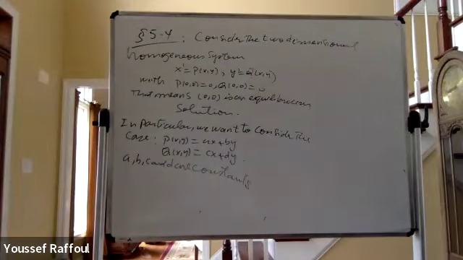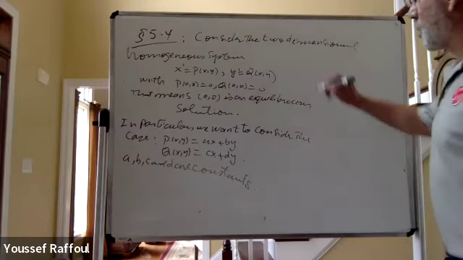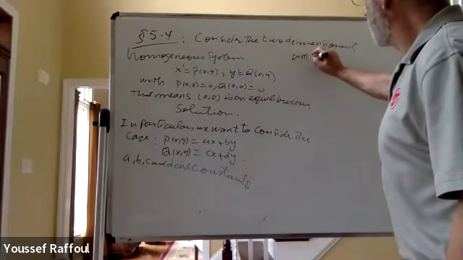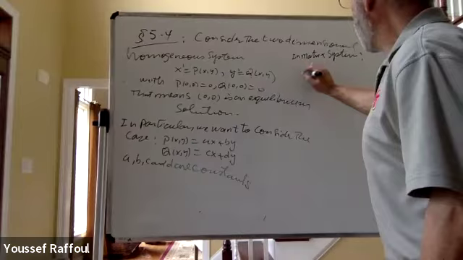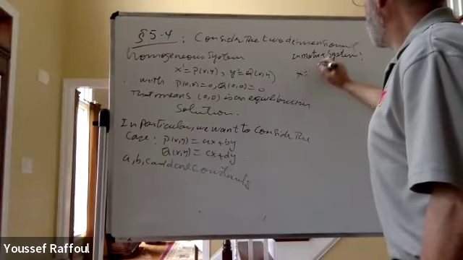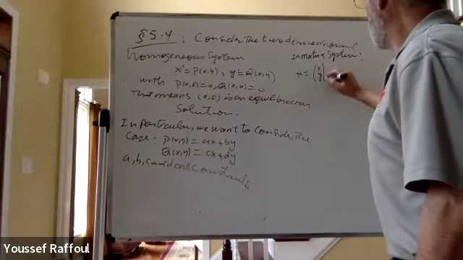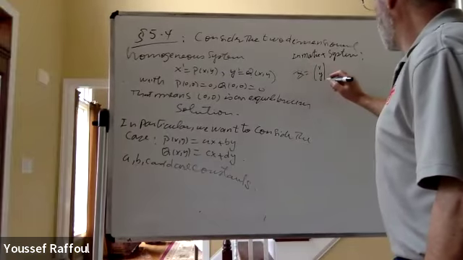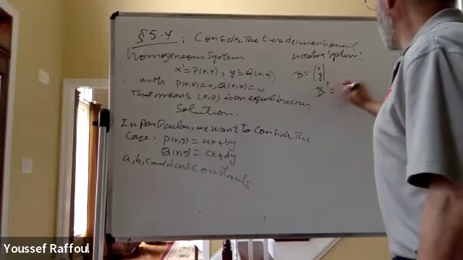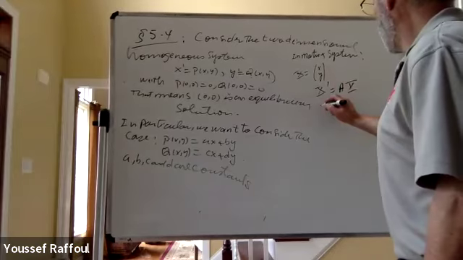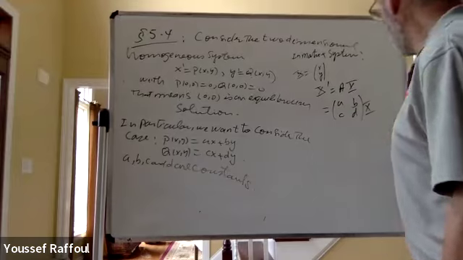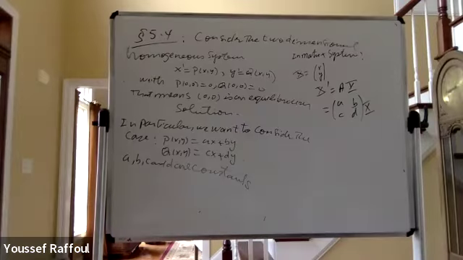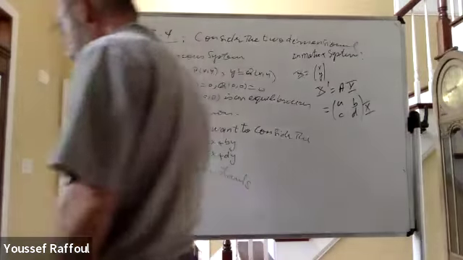Okay, so this is what we are looking for. So in matrix form, x equals (x, y), and so we're looking at x prime equals Ax, where A is the matrix a, b, c, d. Okay, so we're gonna look at this system.